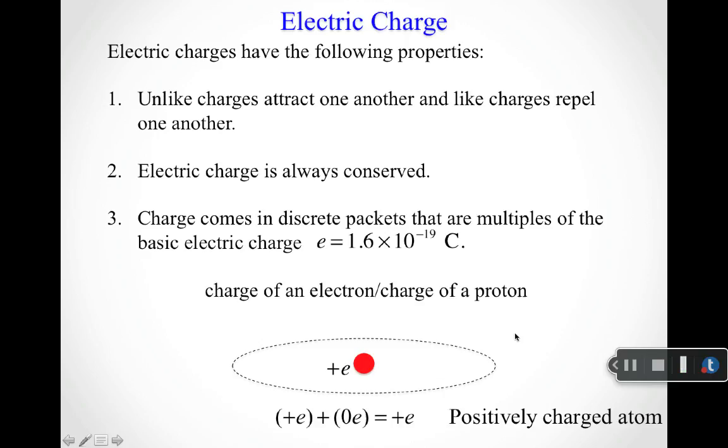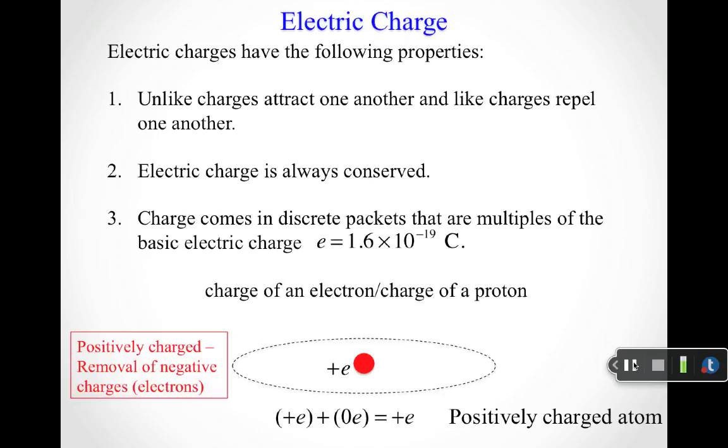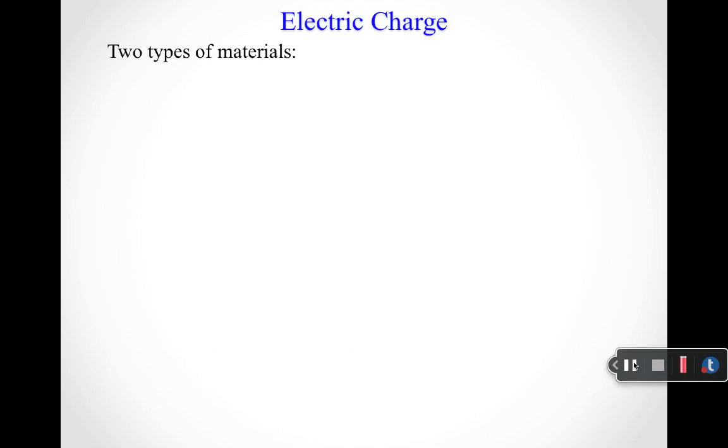Here, something is positively charged because I've taken away the electron that it started with. So as a general rule, things that are positively charged are positively charged not because we've added positive charges, but because we've actually removed the negatively charged electrons, and so you're left with a deficit of negative charge in a positively charged material.